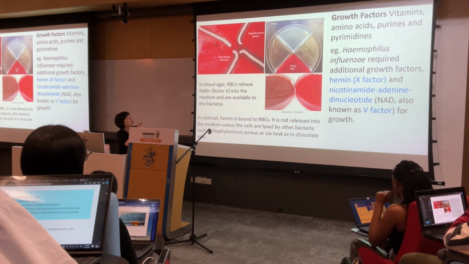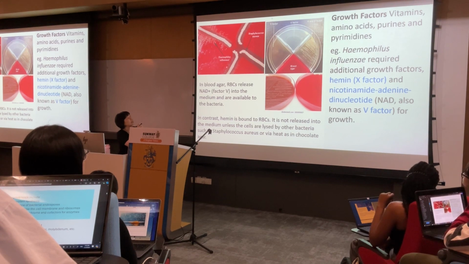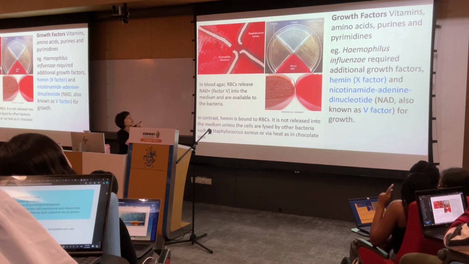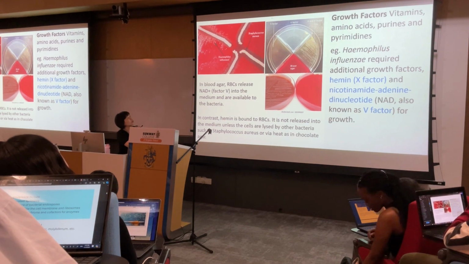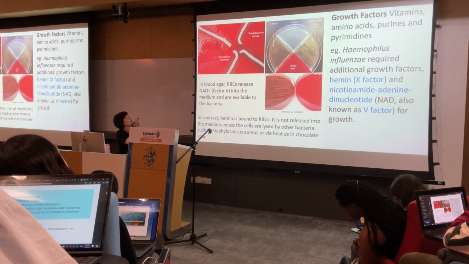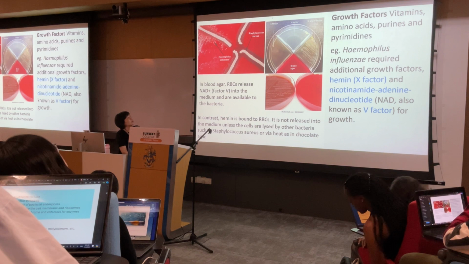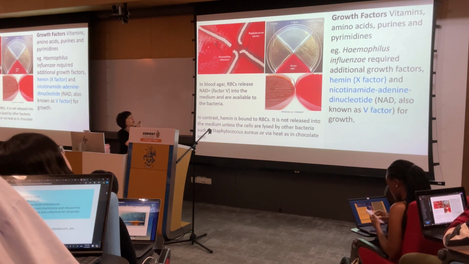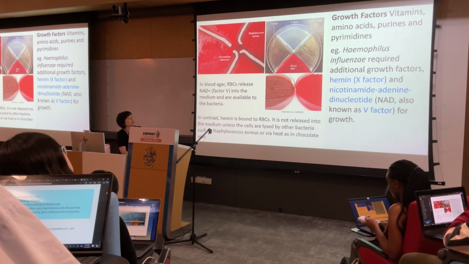Therefore there are a lot of small tiny colonies of Haemophilus influenzae able to grow along the line of this Staphylococcus aureus. So there are a lot more here. Okay, that's the way you can observe the growth of Haemophilus influenzae.